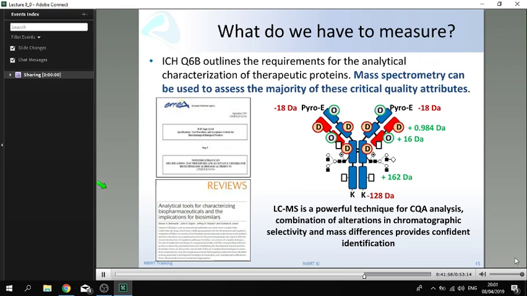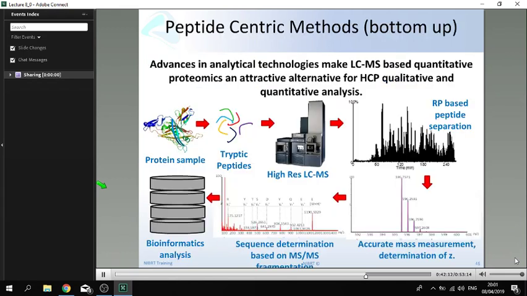So it tells us that something like mass spectrometry needs to be used during characterization of our drugs, because it's powerful. It can give us a lot of information with confidence. Usually these analyses are done with peptide-centric methods or bottom-up methods.